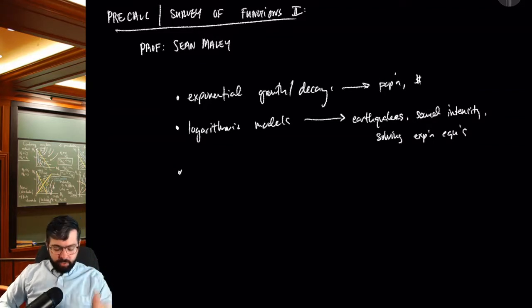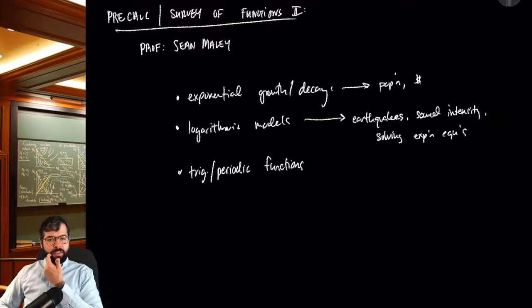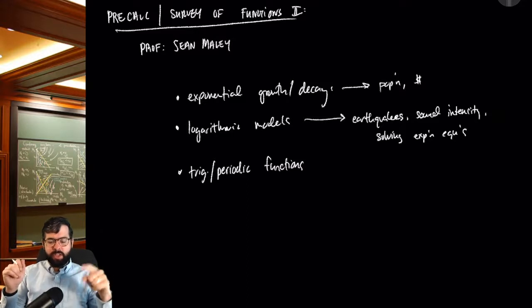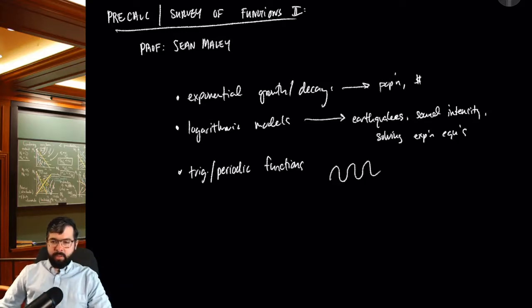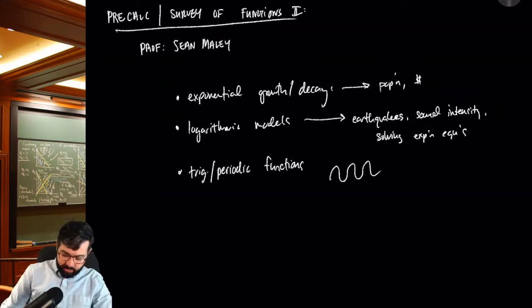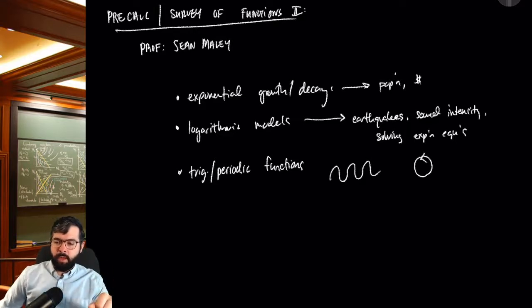So exponentials, logs, we also look at trigonometric functions or periodic functions. One way I like to phrase this is, there's three ways functions can change. They can go up, they can go down, or they can go up and down, right? So periodic functions are functions that oscillate, or they have a periodic repeating pattern that's tied to the circular nature or rotational nature of a circle.